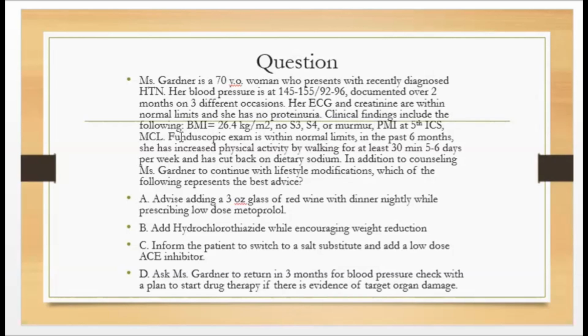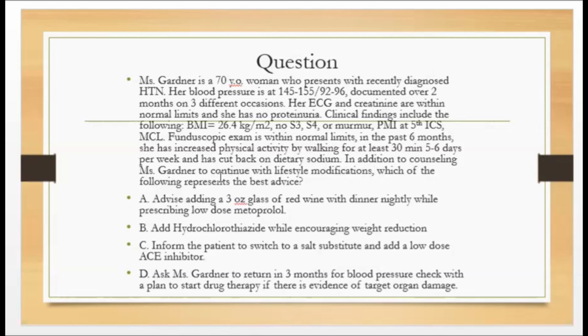Clinical findings include the following. So the BMI, look at the BMI, is a little bit elevated. BMI should be usually 18 to 25, but this patient is 26. No S3, S4, no murmur. The PMI at the 5th intercostal space. Fundoscopy exam is within normal, so everything is normal.